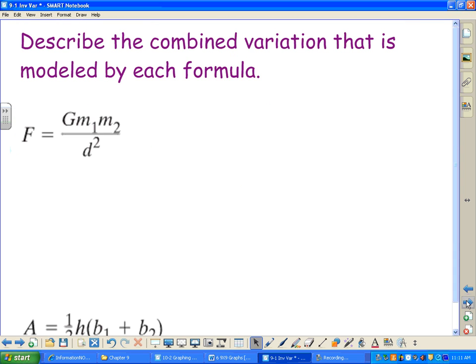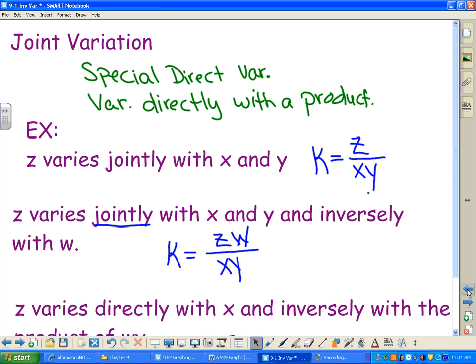Okay, then let's see. I have 6 minutes. Let me just do this last example, and then I'll hand back your test. So it says, describe the combined variation that is modeled by each formula. What we're going to do now is go backwards. We're going to go from this equation, this model, this formula, and go back and write things that we saw over here.